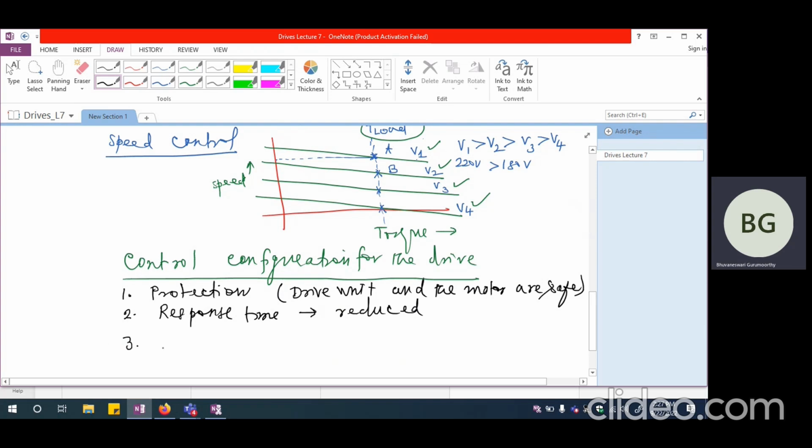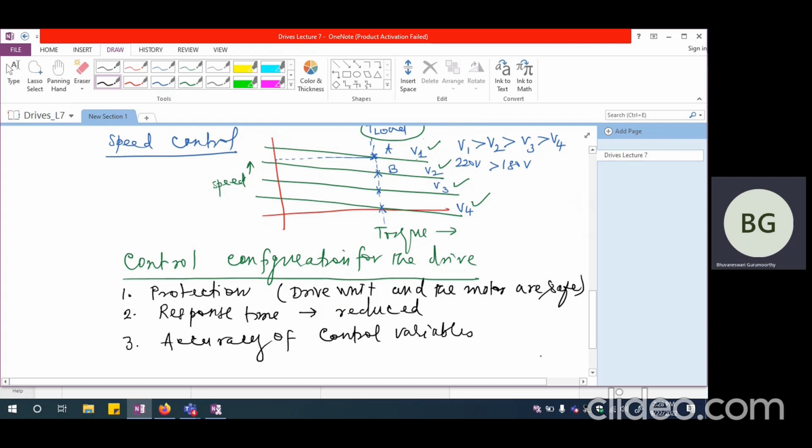The third thing is, if I want 1500 RPM, the motor drive should be able to rotate at 1500 RPM irrespective of whatever be the load, whatever be the voltage from the power supply, whatever be the current drawn. I should be able to maintain the speed exactly at the required value. So accuracy of control variables, that is the speed or torque, both have to be maintained at the required value.